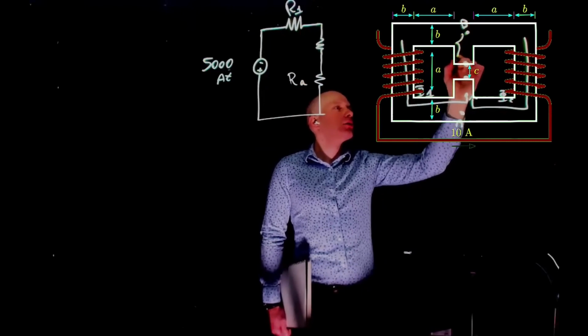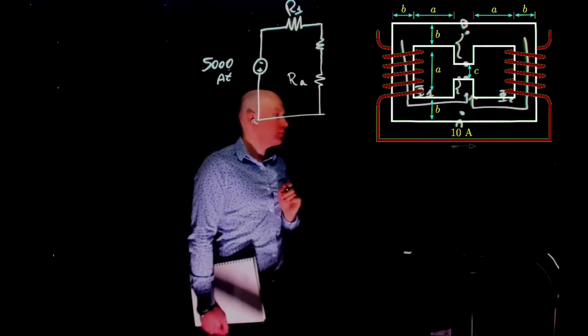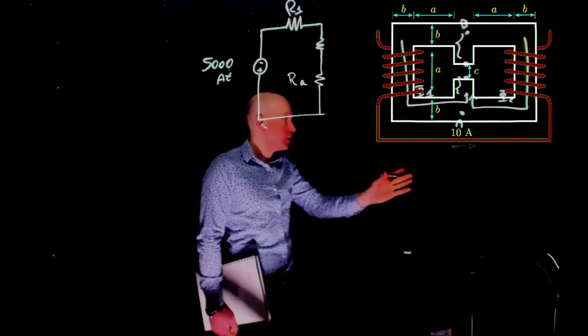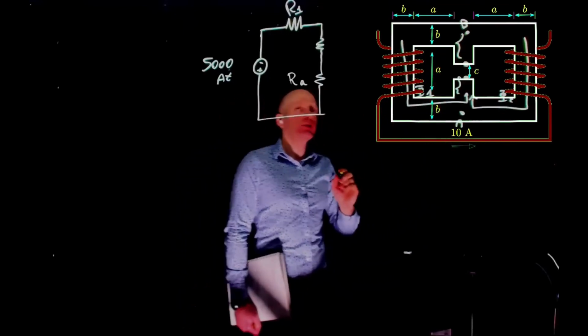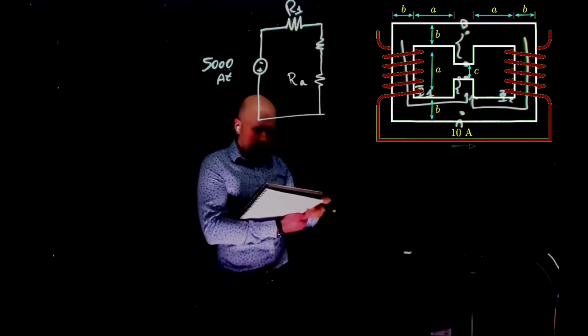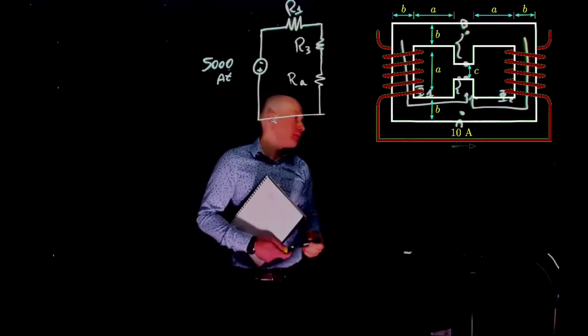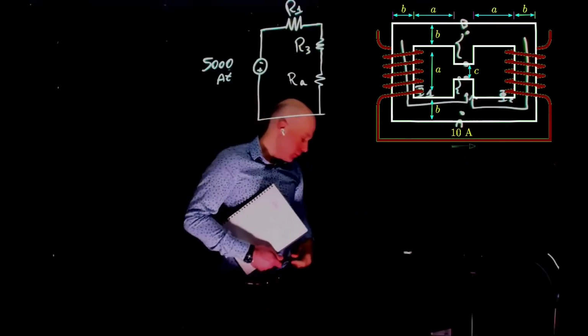So this plus that. The reason I'm splitting it this way is that we have different materials. So for this part here, we need to split that into 2. And let's call this reluctance in the center here reluctance 3.